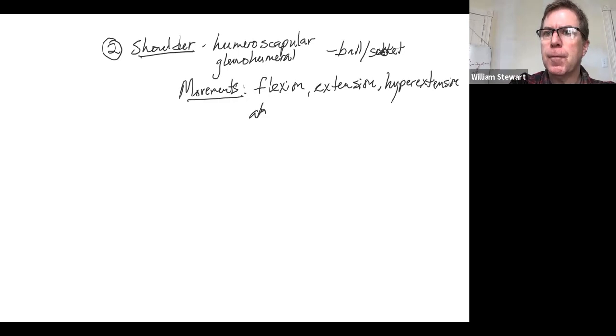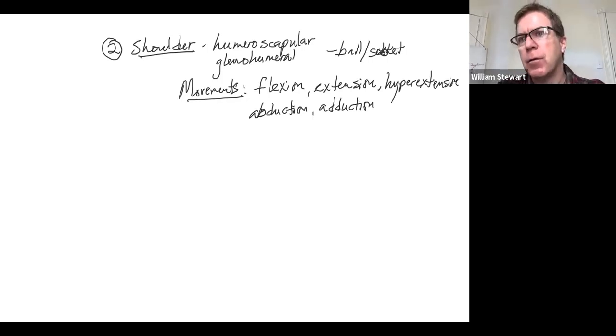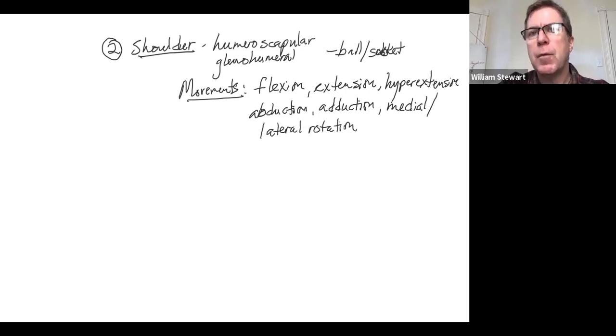Abduction, just to remind you, that's moving away from the midline. Adduction is moving toward the midline of the body. Medial and lateral rotation. This is the most freely movable joint in the human body.